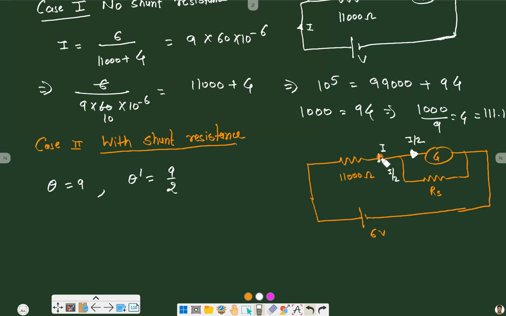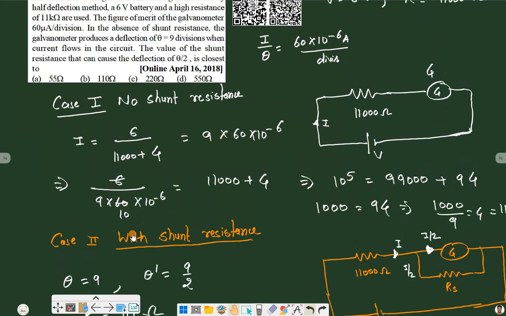It means if current I was flowing in the circuit, then half of I will go through the galvanometer and half will go through the shunt resistance. That's only possible when their resistances are equal, and we know the resistance of the galvanometer is 111. So the resistance of the shunt should also be 111 ohm, and if we compare it now, option B will be the right answer here.